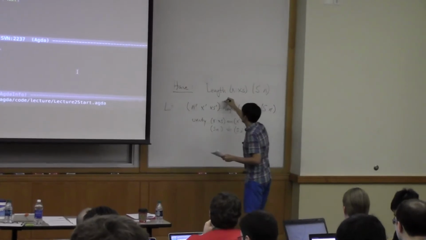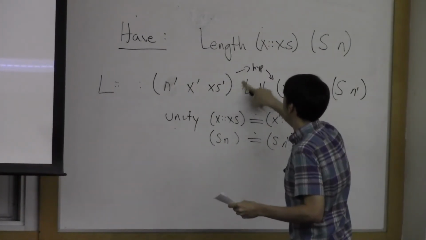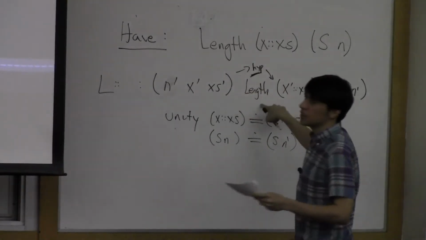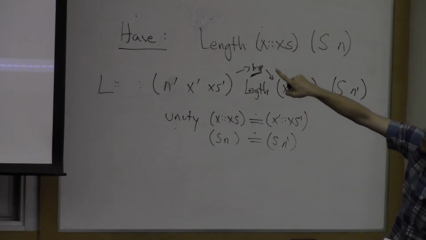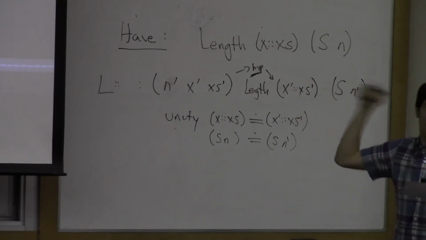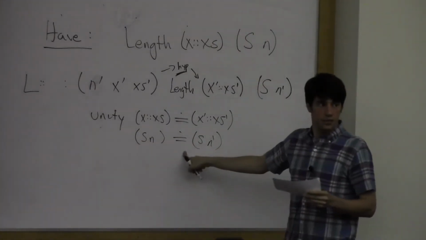Arrow, then the hypothesis, arrow that. But that part of it's not relevant to this unification because the hypothesis that x's has length n doesn't occur in the target type. Okay? So what equations do we get out of this unification?